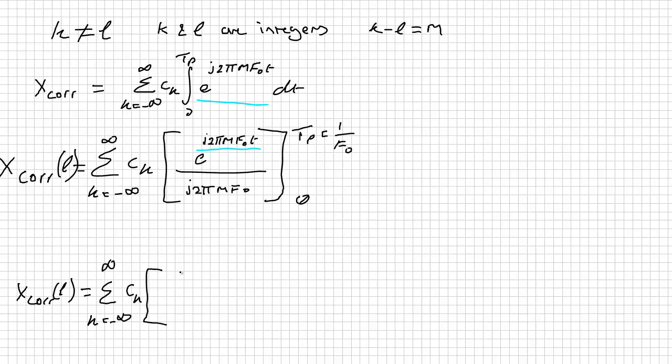And the way I want to do this is replace the complex exponential by this trig form. So remember, earlier on we said that e to the power of j something is cos something plus j sine something, whatever that is.